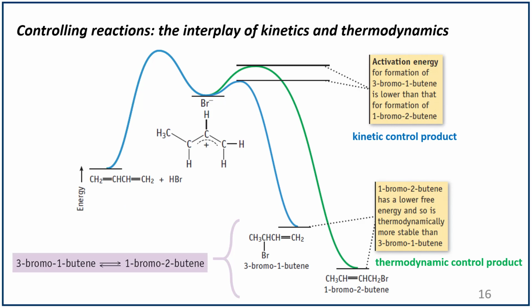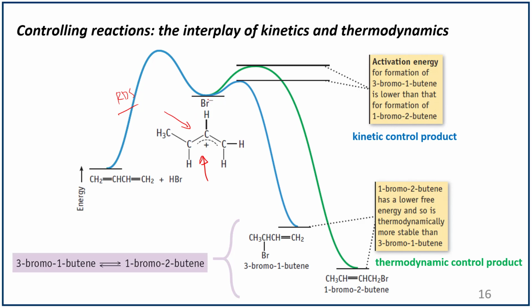For both cases, the intermediate is actually this carbocation complex with bromine. Okay, so as you can see here, for both cases, the rate determining step is the first reaction, okay, the formation basically of this carbocation.